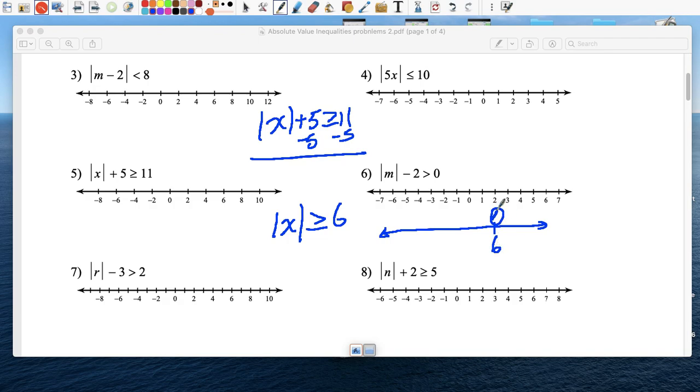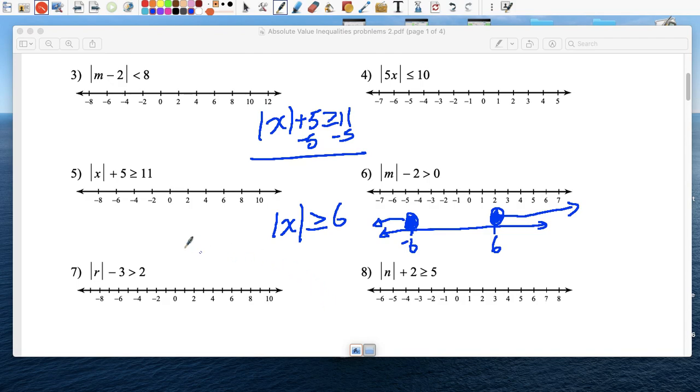It's greater or equal to 6 when x is 6, 6.1, 6.2, 7, 8, 9, 10, anything that way also works. But 5 won't work, 5.99 won't work, 4, 3, 2, 1, 0, negative 1, negative 2, negative 3, negative 4, negative 5 won't work. Negative 6 works. Nothing in between these two numbers works. So negative 6 works, and so will every number to the left of it.